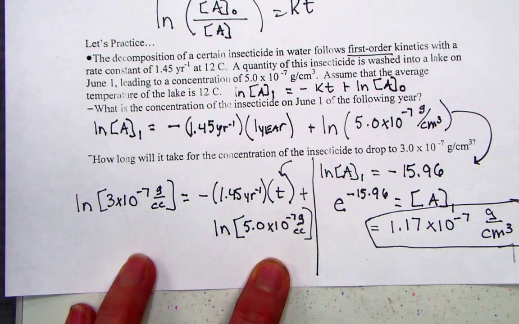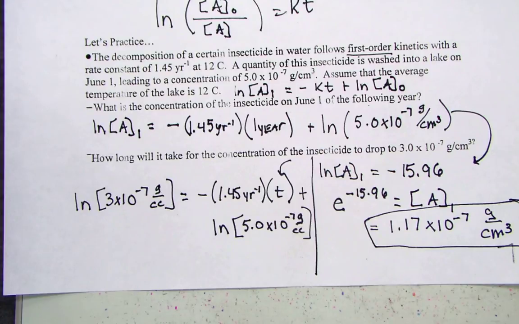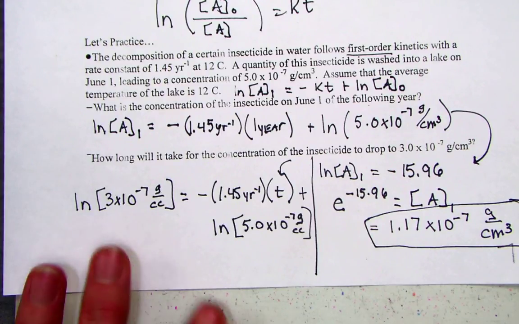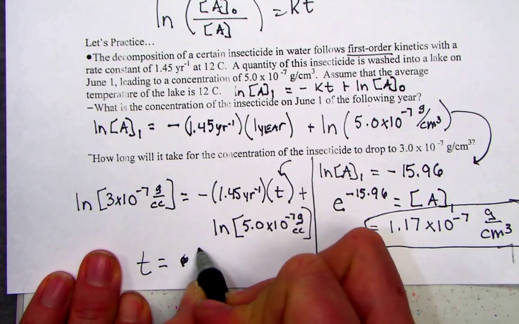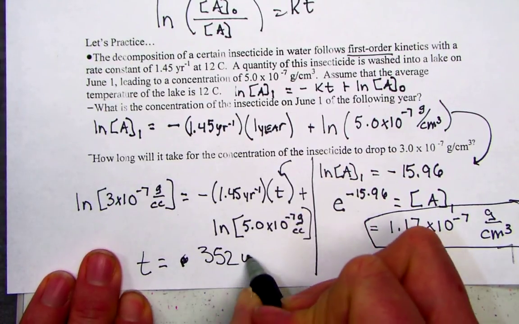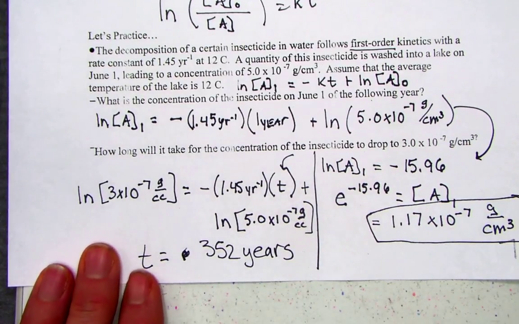Now I'll divide by negative 1.45. And I get t equals 0.352 years as my answer for t.